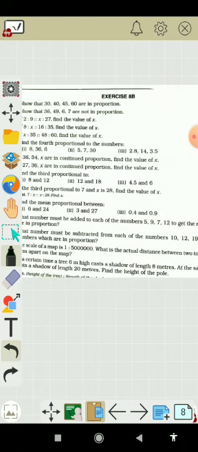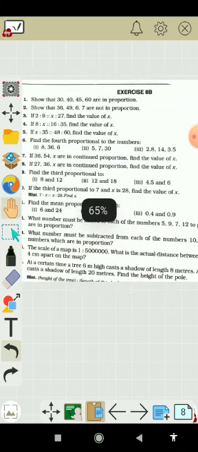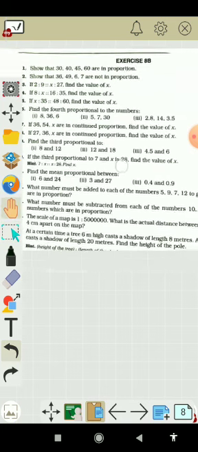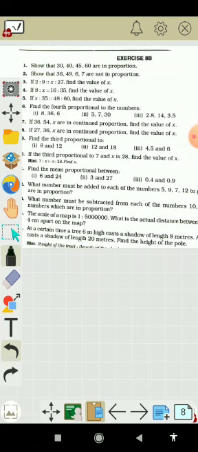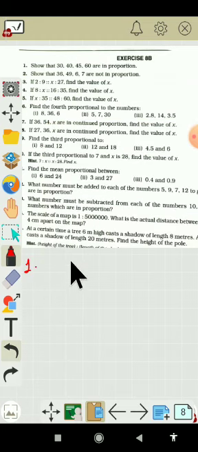Now go to the exercise and try to understand the questions. So 30, 40, 45, 60 are in proportion. First question, how do you solve it? The first question is similar to that example.